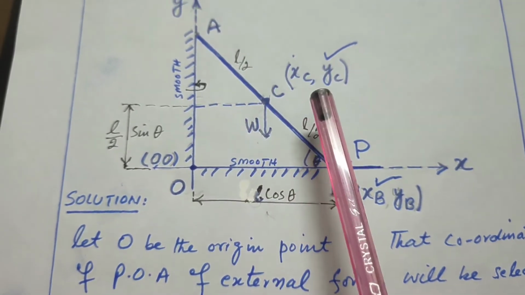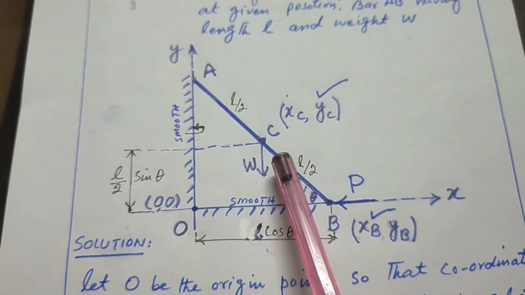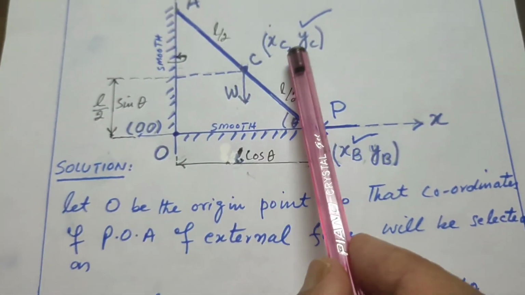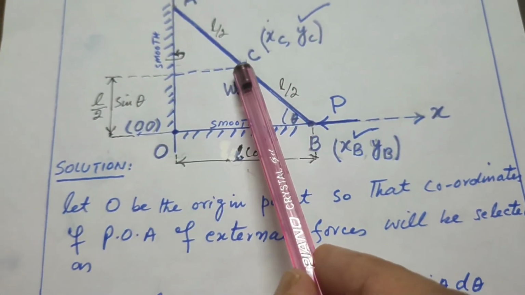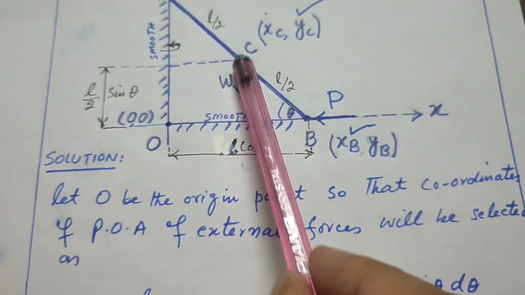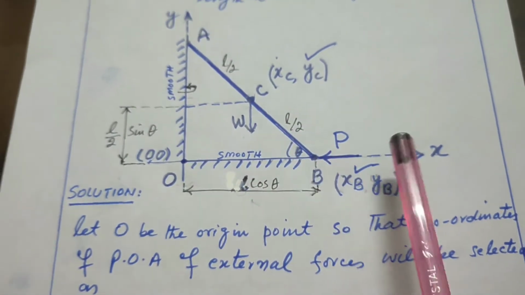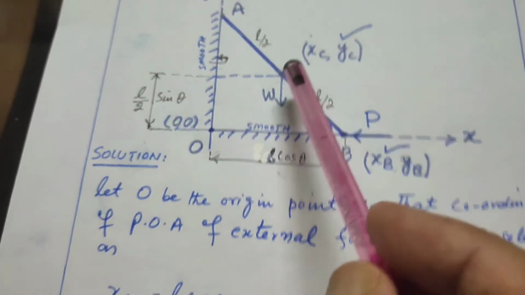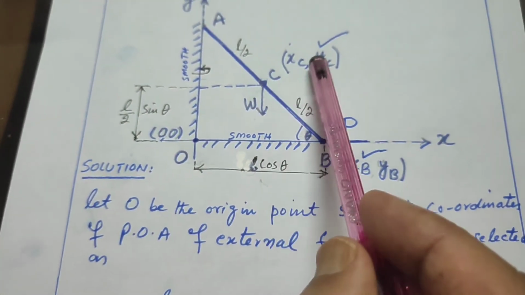Coordinate in the direction of force will be YC for this force, and XB for force P at point B.